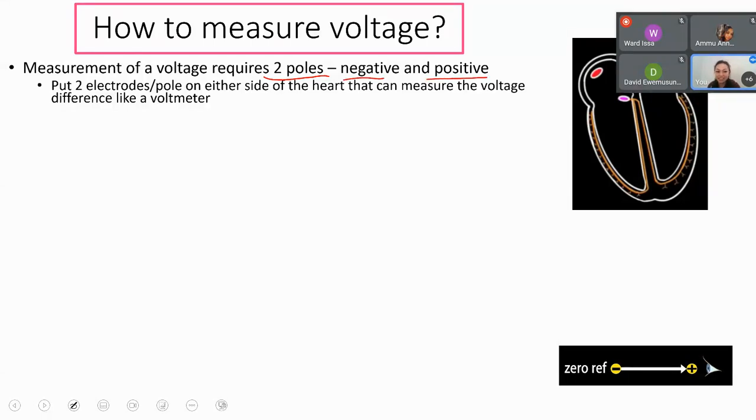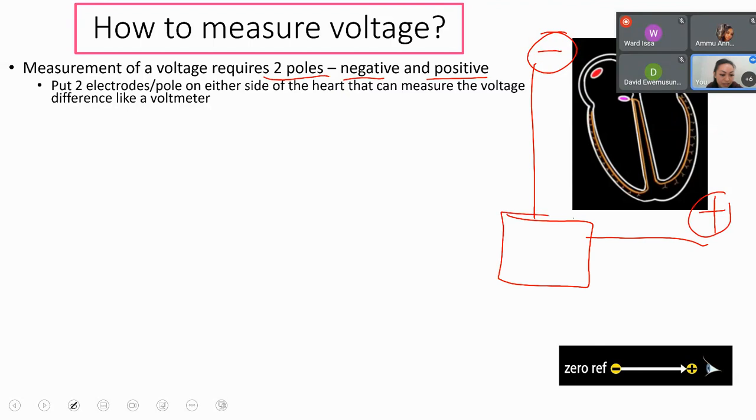A pole is just like an electrode, okay? So we put two electrodes or poles on either side of the heart that can measure the voltage like a voltmeter. So for instance, if I place my negative pole here and my positive pole here, and connect them onto a voltmeter, then I can measure the voltage between these two poles. Okay?